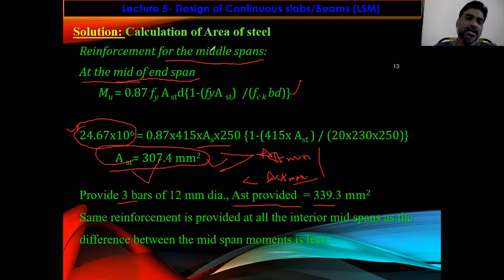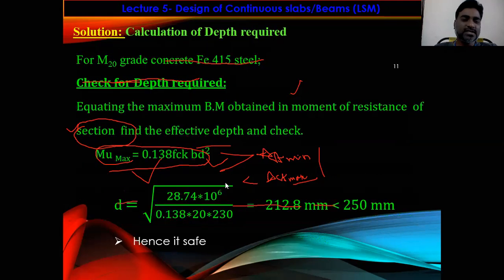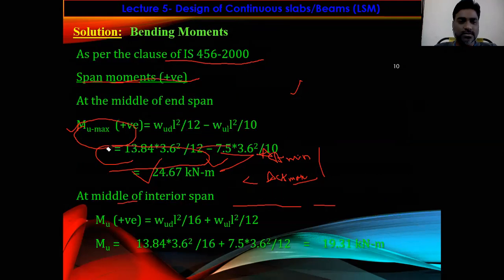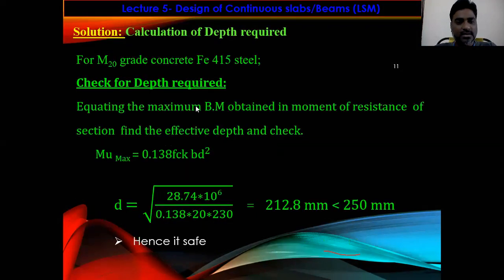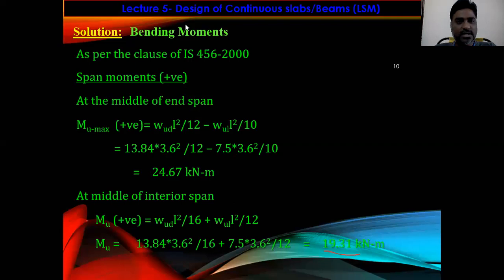But if you check the difference between these two: at the middle of the interior span I got 19.31 kNm, and at the middle of the end span it is 24.67 kNm.